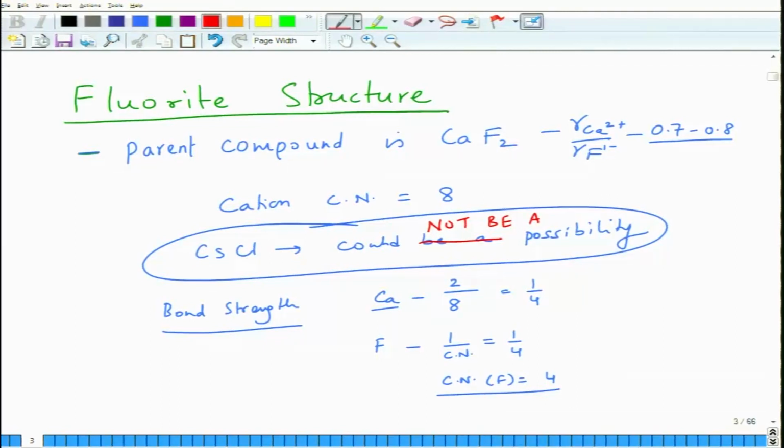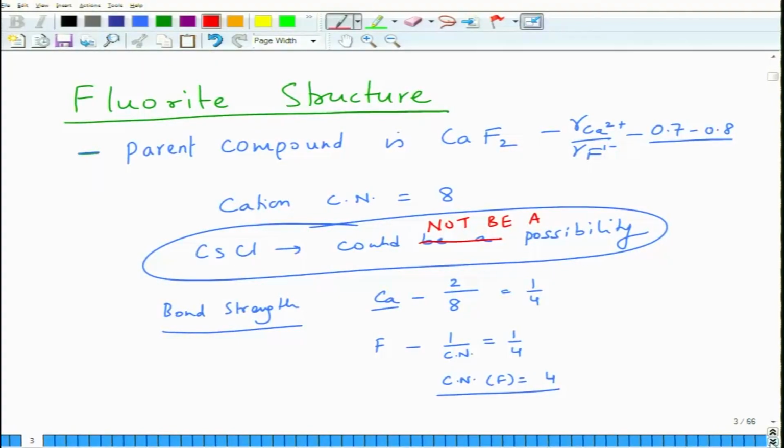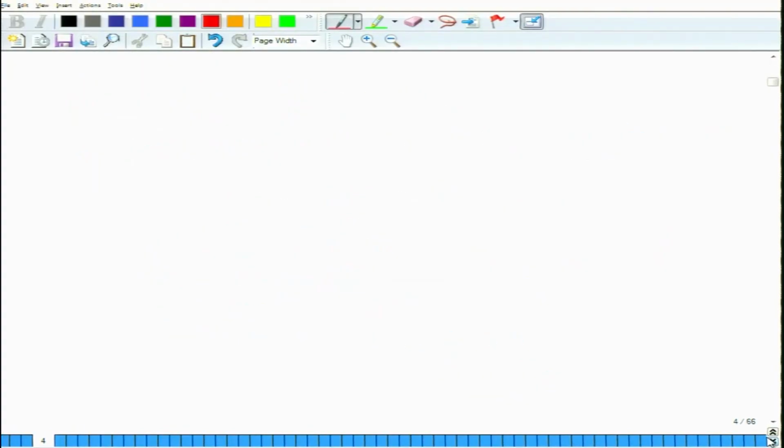Basically it is a structure in which both cesium and chlorine are cubically coordinated. The way this structure works out is in this fashion. I am just going to draw the top view here.